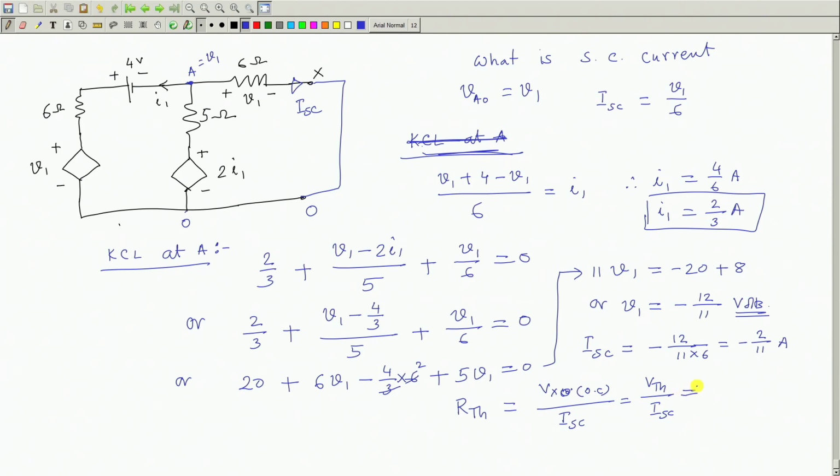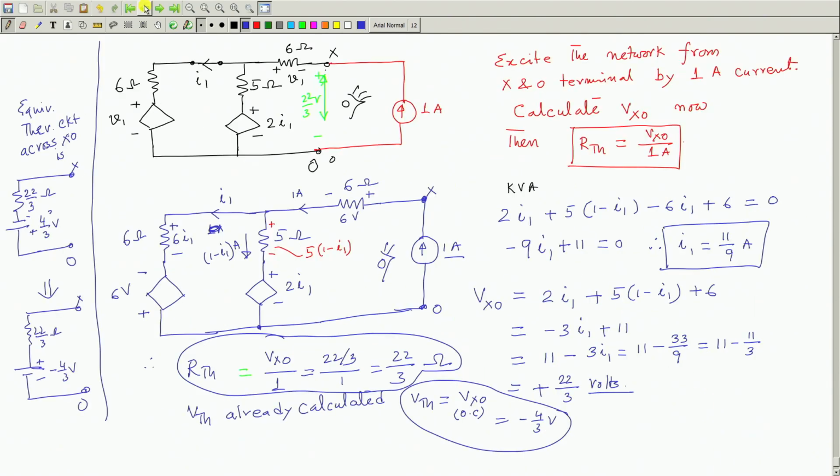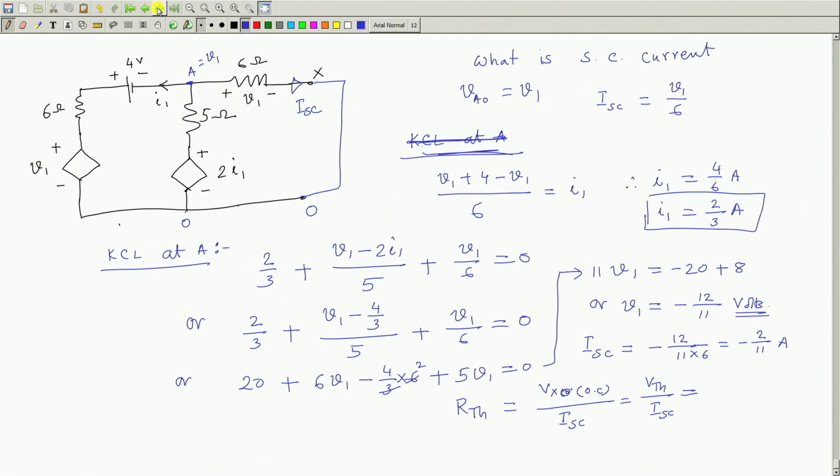And V Thevenin's, how much did we get? Minus 4 by 3 volts. So, you put those numbers: minus 4 by 3 divided by minus 2 by 11, and this becomes equal to 22 by 3 ohm.